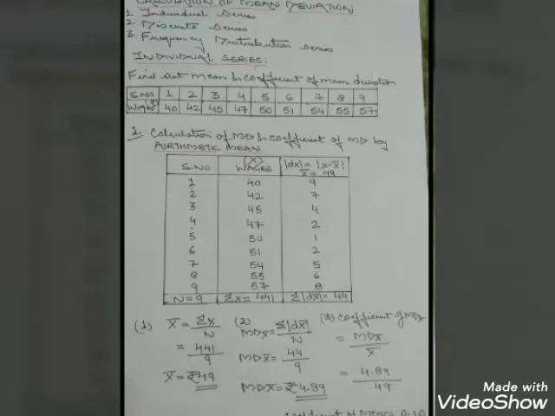If you divide 4.89 by 49, you get the coefficient of mean deviation through arithmetic mean as 0.10. So children, this is how you can calculate mean deviation and coefficient of mean deviation.